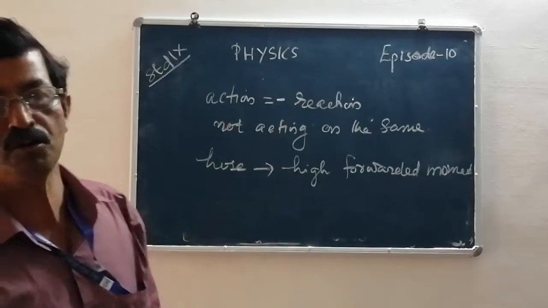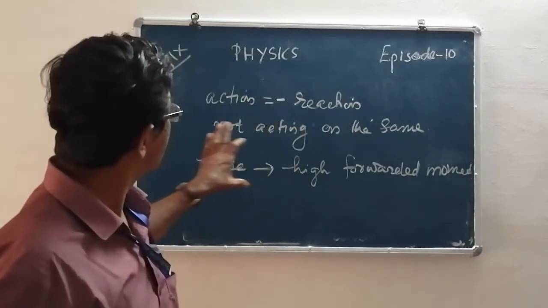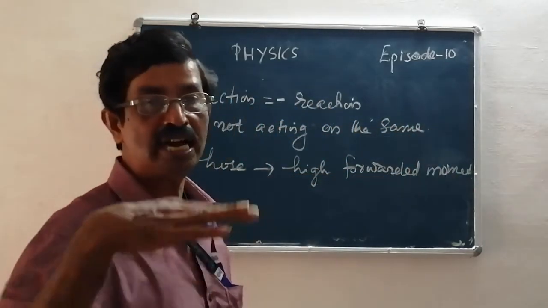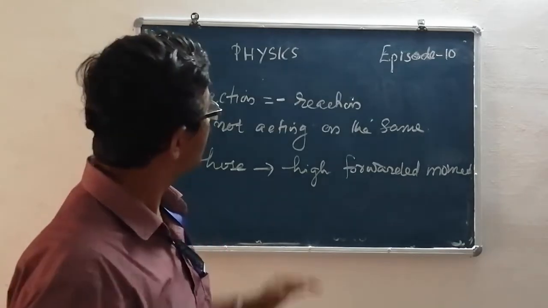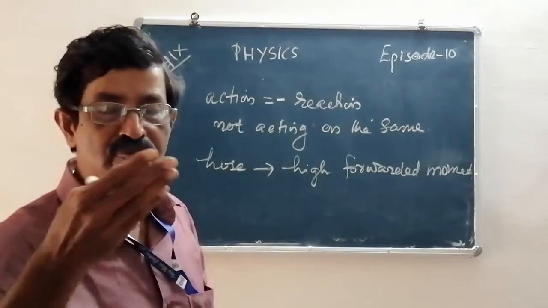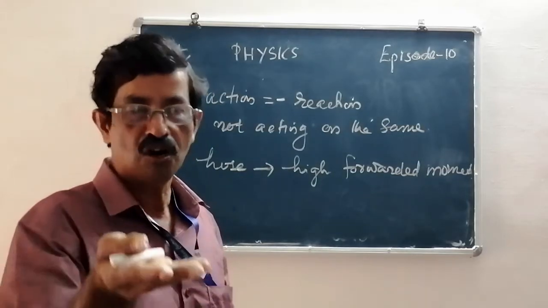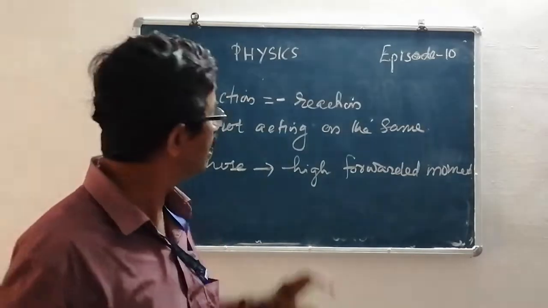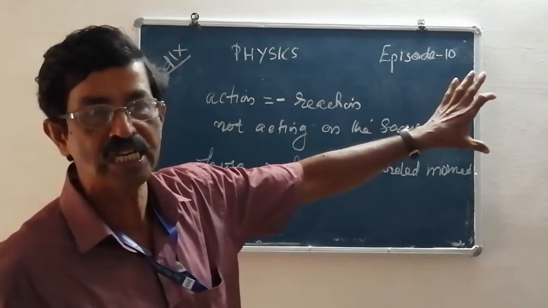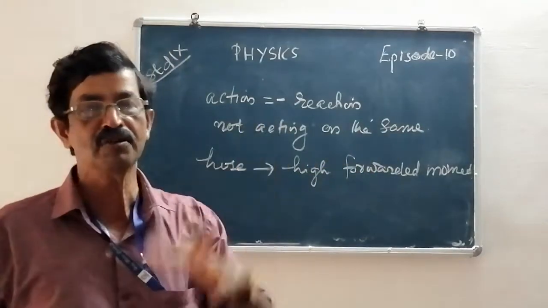When water from the hose comes forward, there is a very high forward momentum. Then the water exerts an equal momentum on the hose in the backward direction.